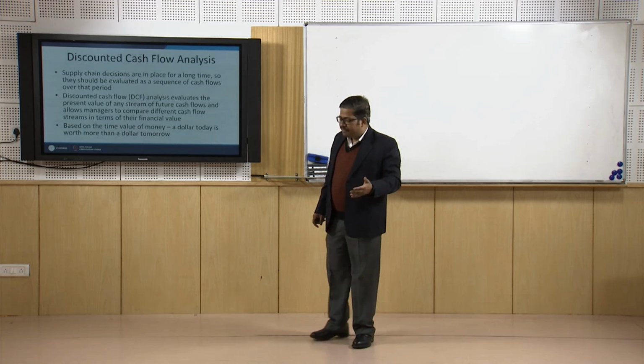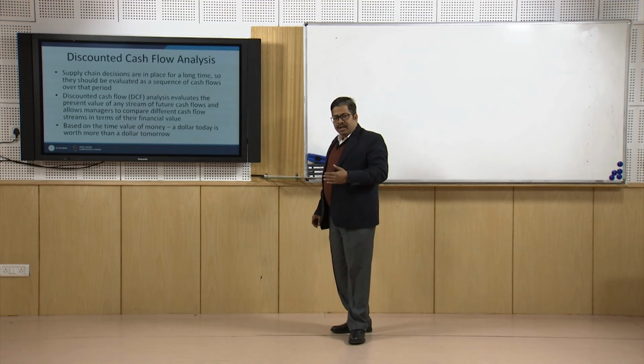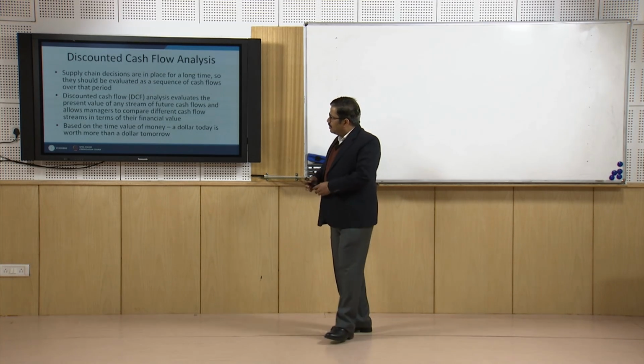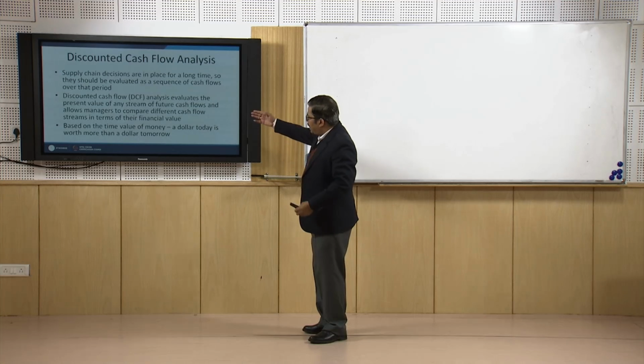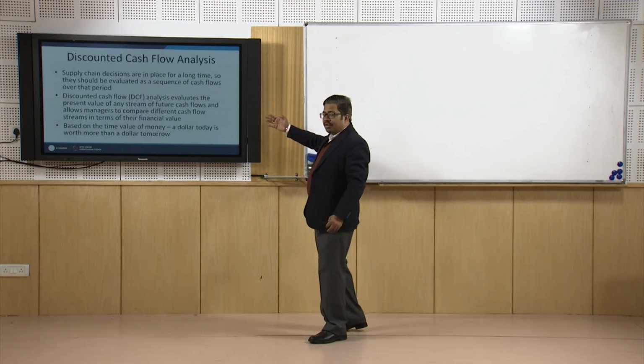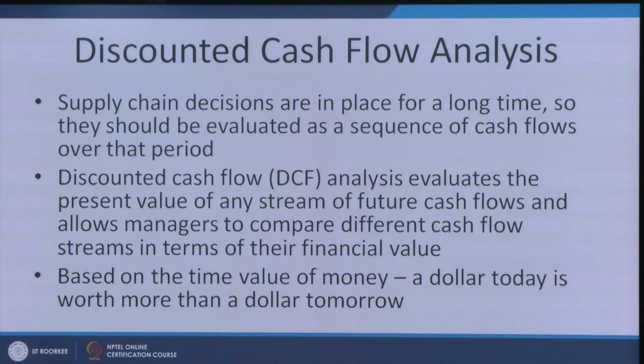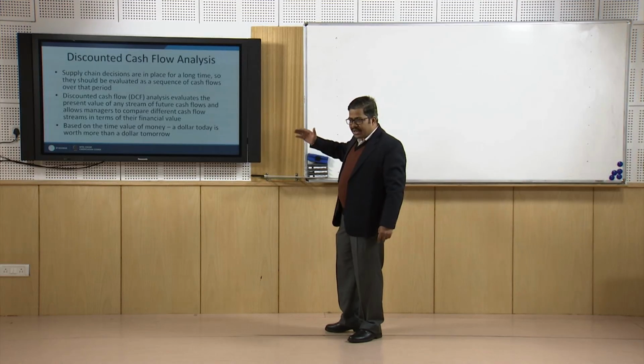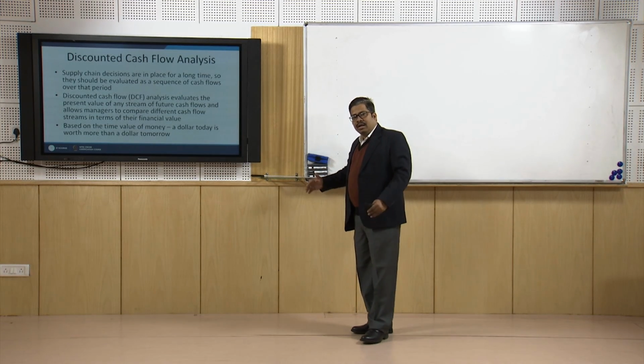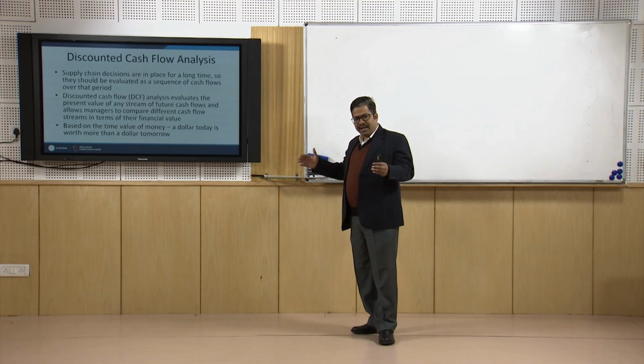That is what we are going to discuss in this particular session. Because supply chain decisions stay in place for a long time, they should be evaluated as a sequence of cash flows over that period. As I just discussed, I am planning for the next 5 years, or the next 10 years.